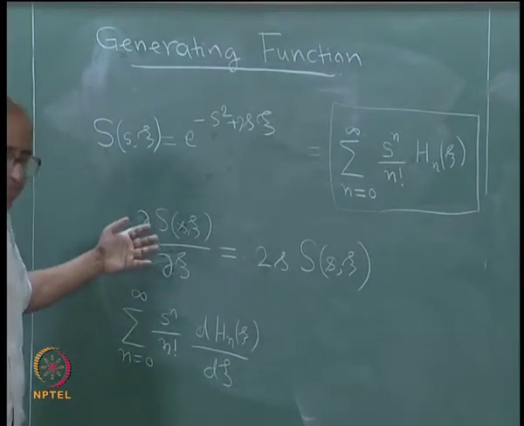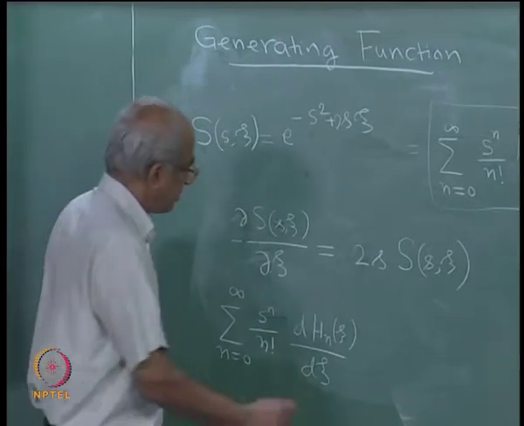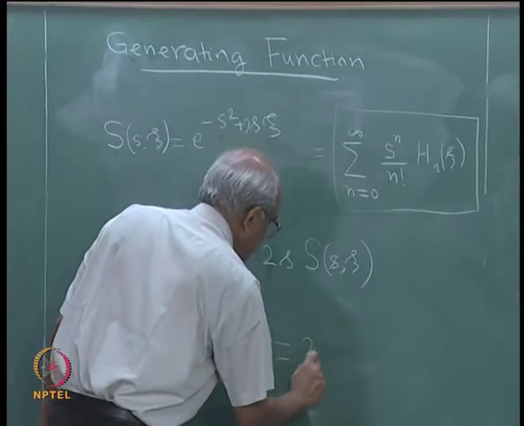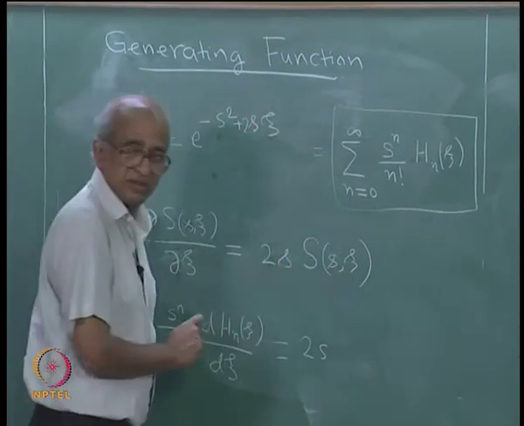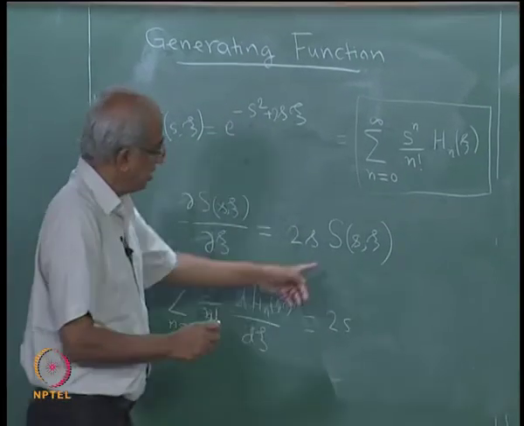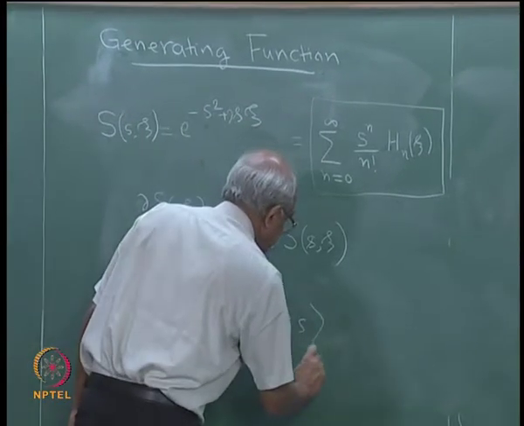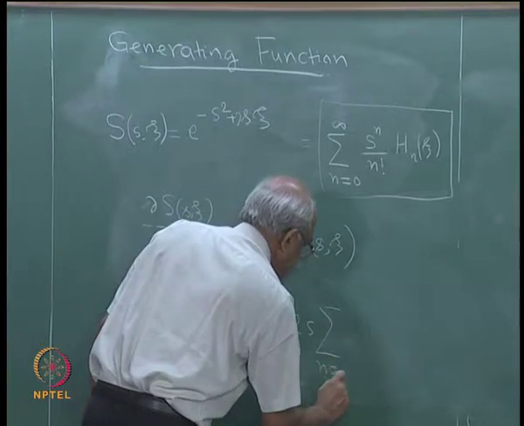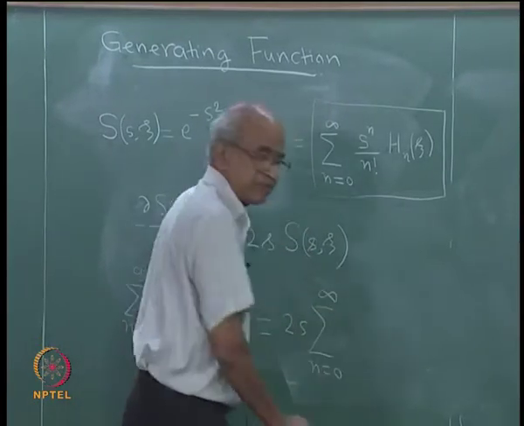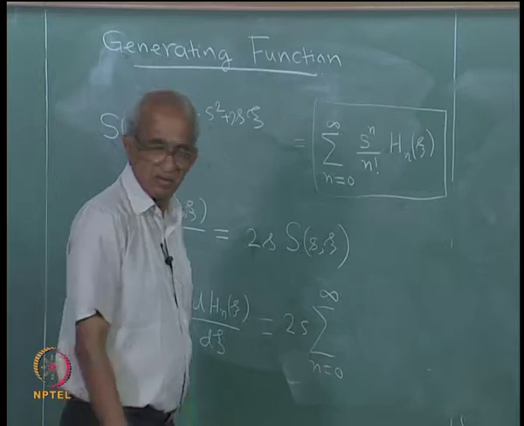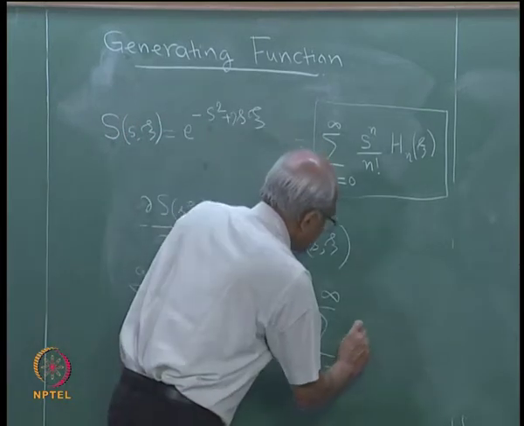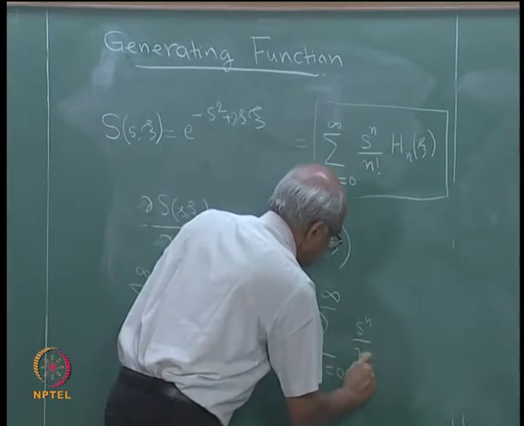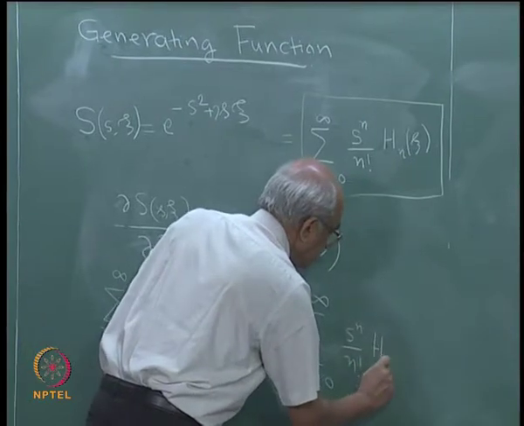So that is your left hand side, and that must be equal to 2 times s, correct, and therefore that is actually sigma n going from 0 to infinity, s to the power of n divided by n factorial Hn(c).